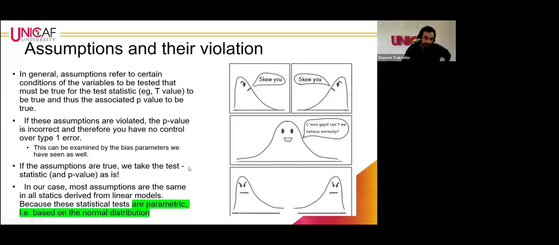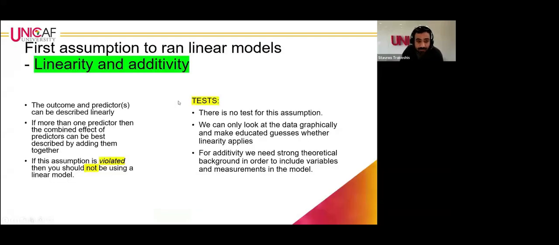And this is for all the parametric statistics, because they are all based on the normal distribution, as we have spoken about before. The first and most important assumption is that of linearity and additivity. Basically, linearity means that a line should be able to describe the data, and it makes sense to check this assumption first, but there are no tests that specifically test this assumption.